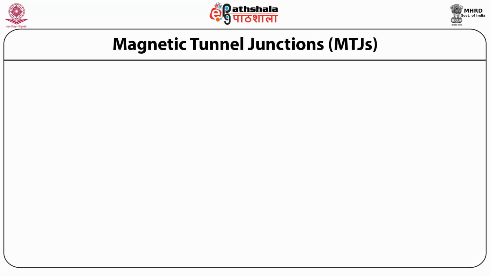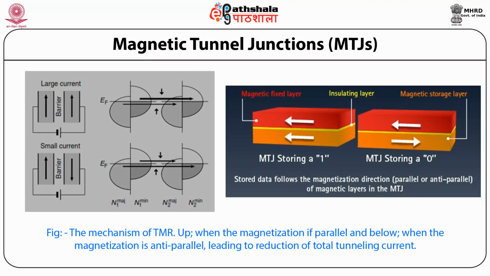Let us discuss the magnetic tunnel junction. The figure illustrates the mechanism of MTJ when the magnetization is parallel, and below, when the magnetization is anti-parallel, leading to a reduction of total tunneling current. An important aspect for the presence of TMR is the ability to independently manipulate the direction of magnetization of the electrodes.